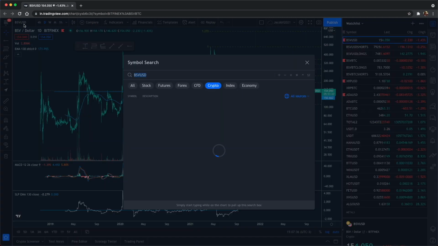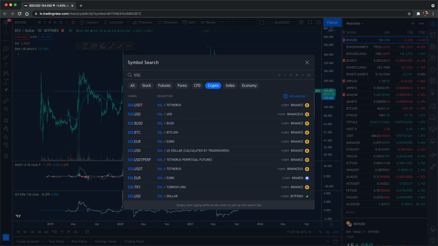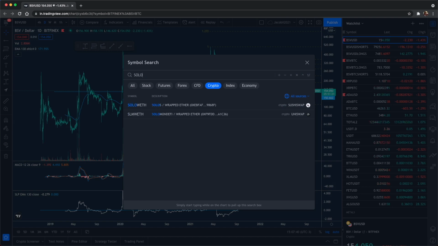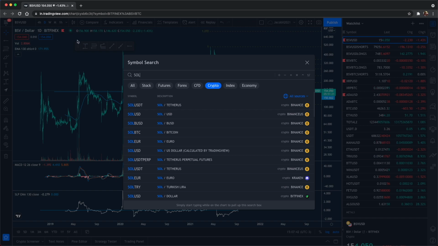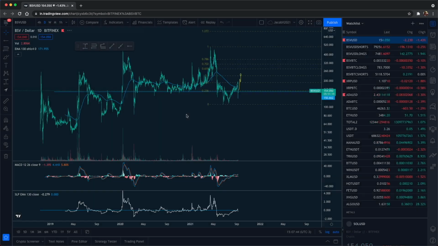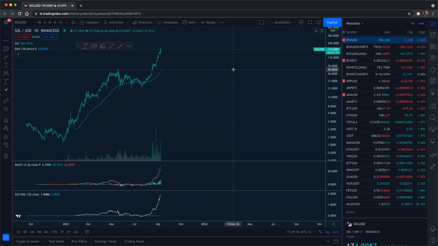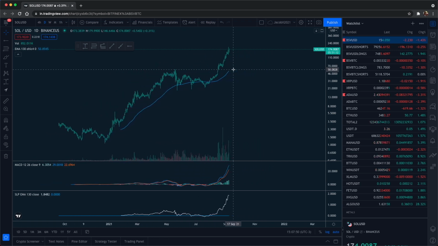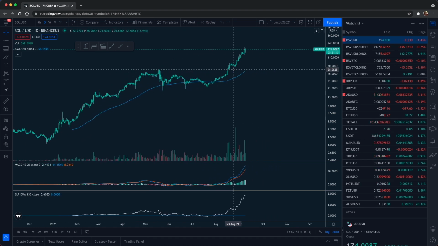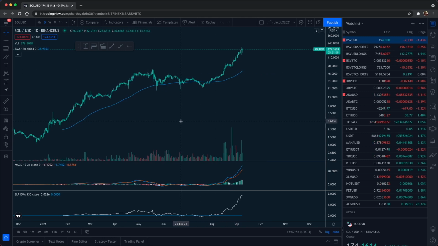For example, you have Solana. Solana USD is a bunch of crap. It's just bullshit. Look at that. It has no use case. Like December 2020, even January 2021, it was trading at $1.50.